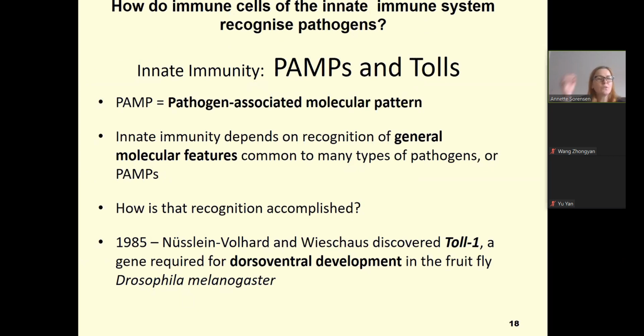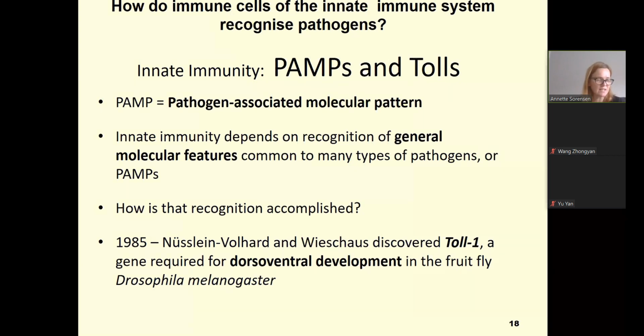Okay, so you're probably sitting wondering, how do these immune cells recognize a pathogen? Well, they do that by recognizing specific molecules on the surface of the pathogen.